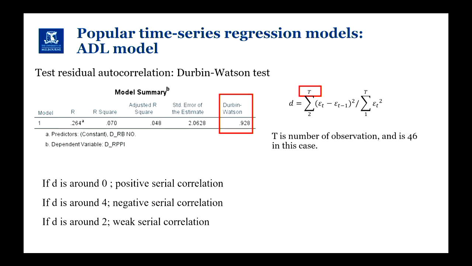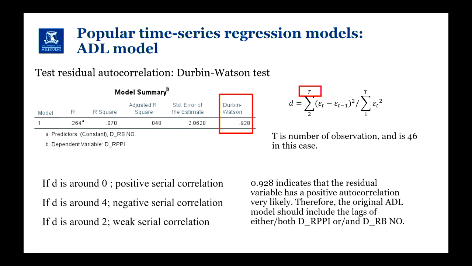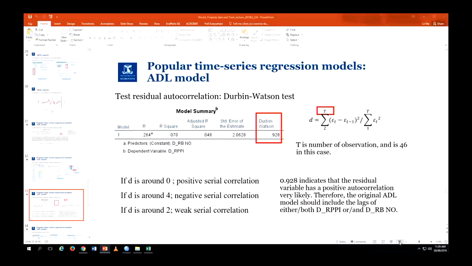That's basically the rule. However, in our case, we found that this is quite close to 0 and very far from 2, so there is a positive autocorrelation among the error term, and that would probably be caused by the lagged changes in house price or lagged changes in new residential building numbers.